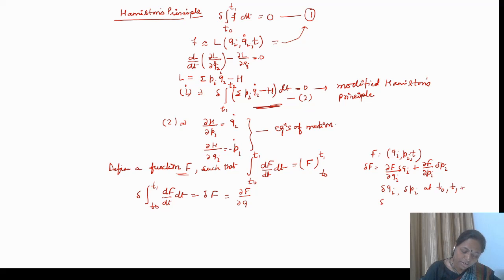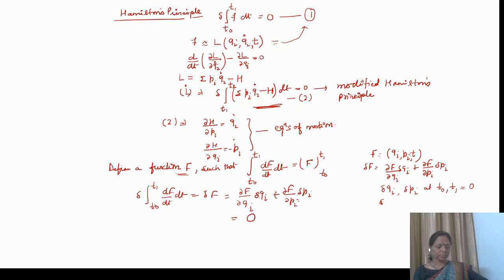So these are 0. So now I have delta F/delta qi, delta F/delta pi, and this is equal to 0. So I have defined a function F depending on qi, pi and t, defined in the phase space, such that the variation of this integral is equal to 0.